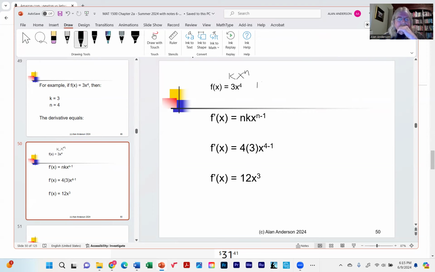So therefore k is 3, n is 4. And in here you're just simply subtracting 1 from the n, and we end up with 12x to the 3rd. Now, if you notice, these are all polynomials, so the rules are quite simple when we apply them to polynomials. We'll see later on that they can get a little messier.